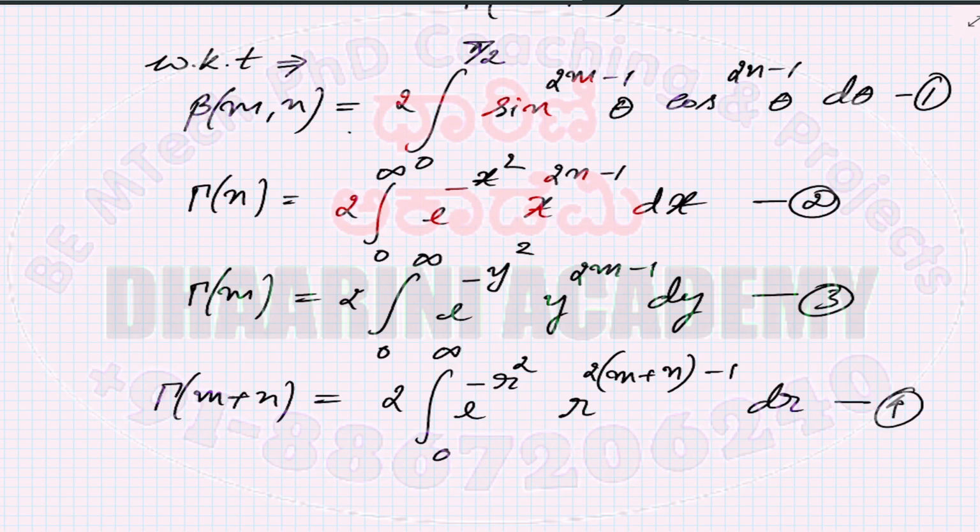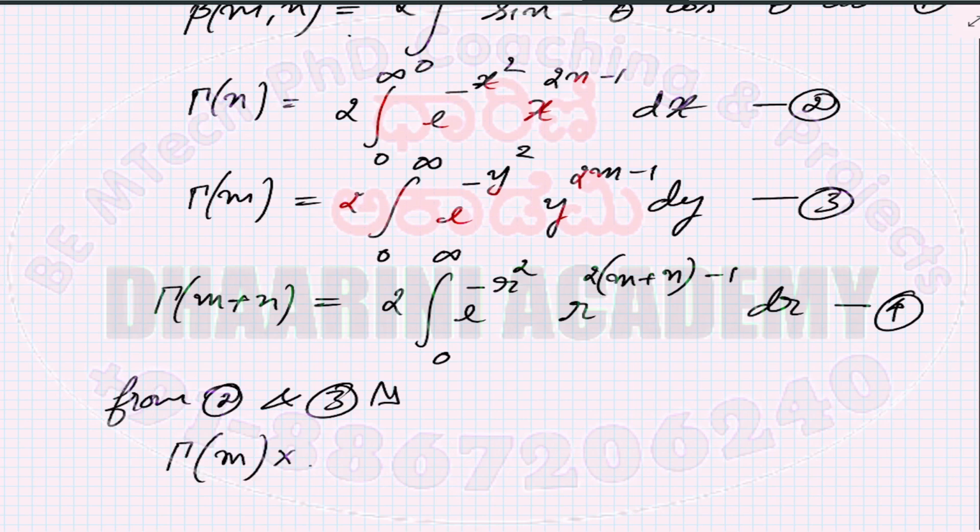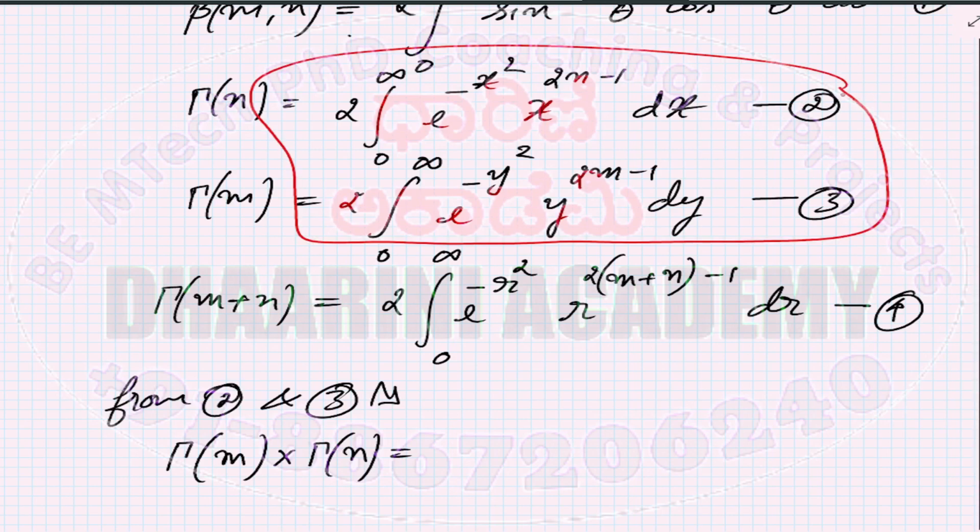Now, using equation 2 and equation 3, I have the following. I multiply gamma of m into gamma of n is equal to, so you see, I just have to multiply these two equations, 2 and 3, as they are.